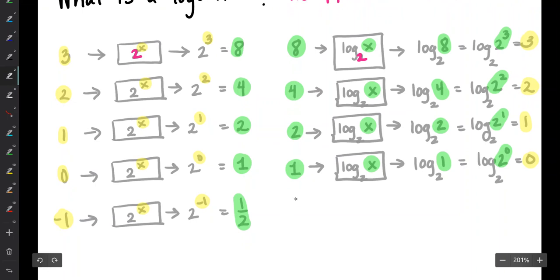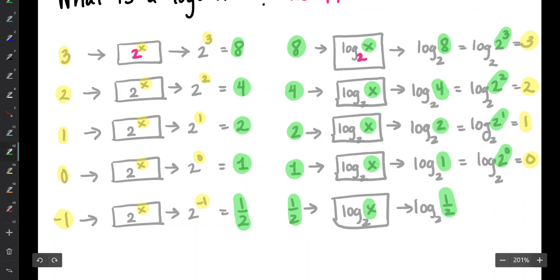One more. If a half goes into the log base 2 box, what comes out is log base 2 of a half. Well, a half is a perfect power of 2. A half is 2 to the minus 1. What does log base 2 do? It takes in a power of 2, and it spits out the exponent. The exponent here is minus 1.